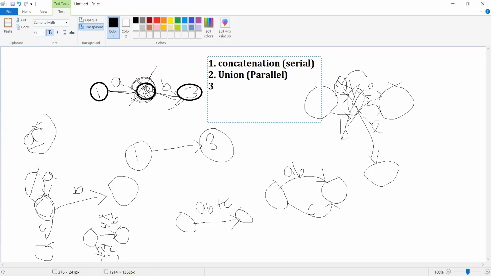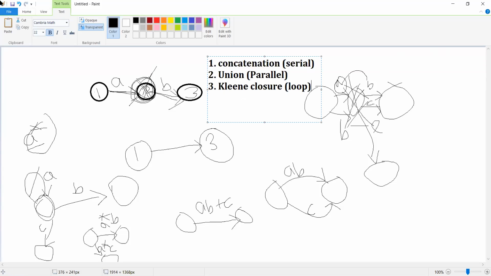And the third operation is the Kleene closure operation, when we have a loop. Understood? Using this information, we go for doing the state elimination.